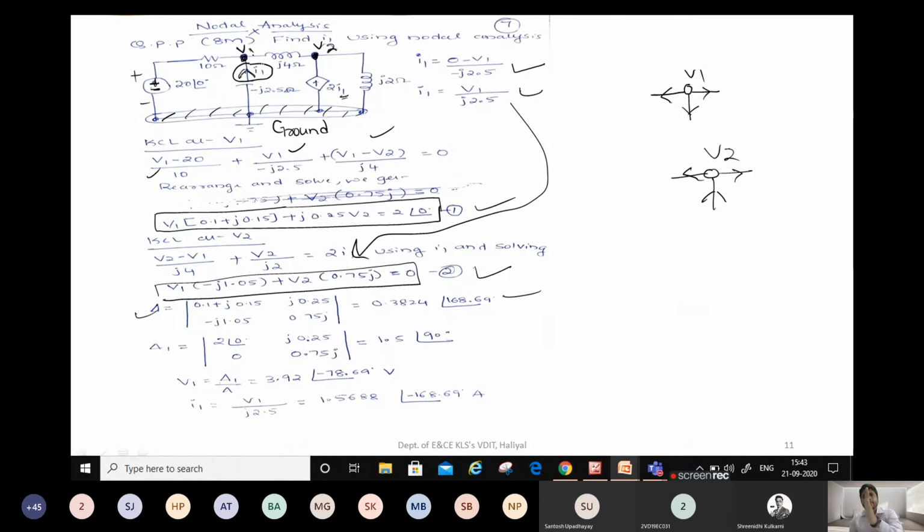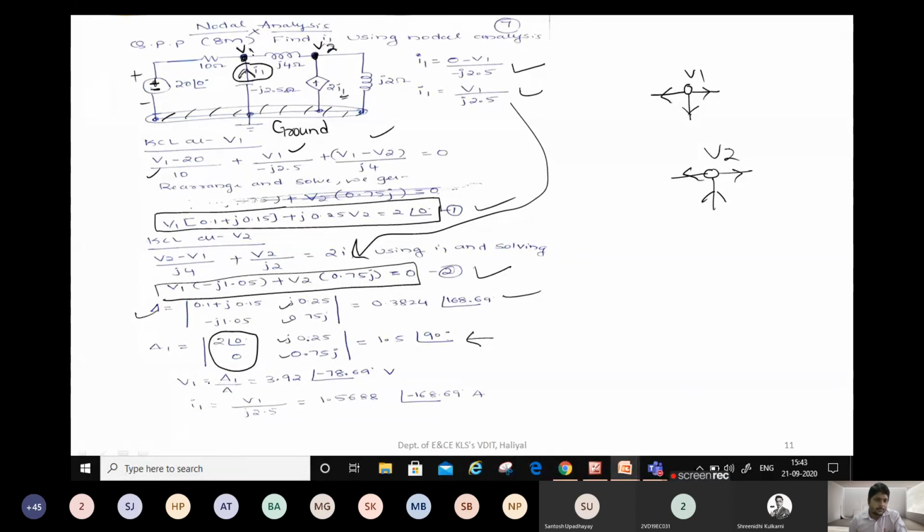That I1 flows in which node? It flows in only the V1 node, so we just have to find delta 1, no need to find delta 2. If you want to find delta 1, the constant values have to be used here, and the other values are retained as they are. If you work this out, you will get this result.